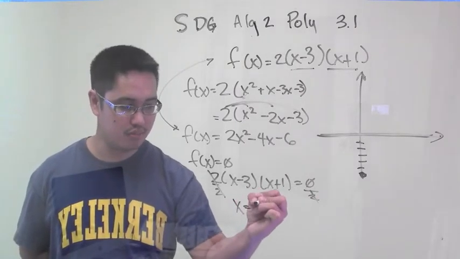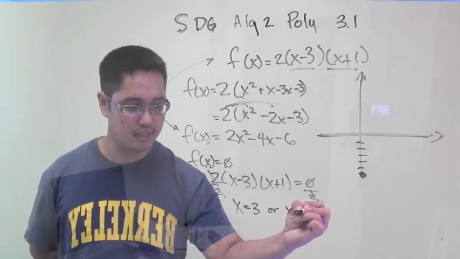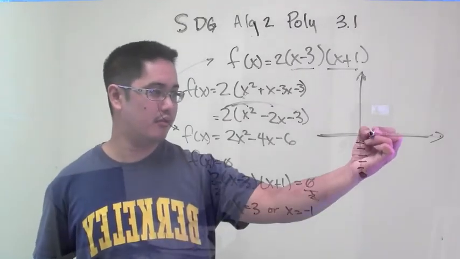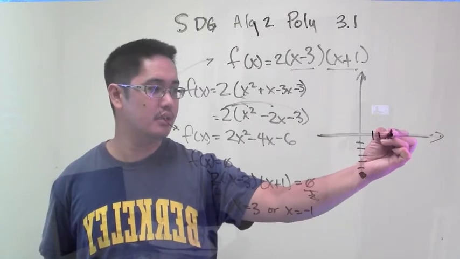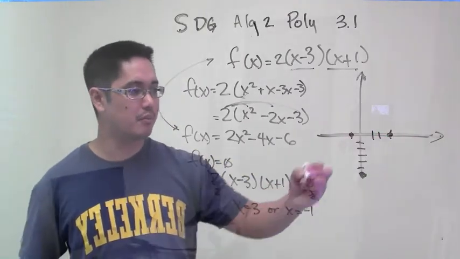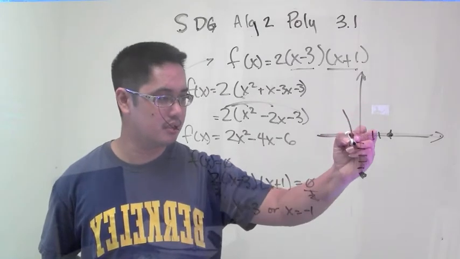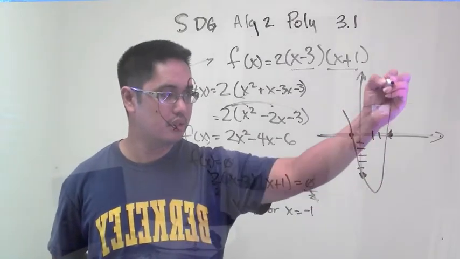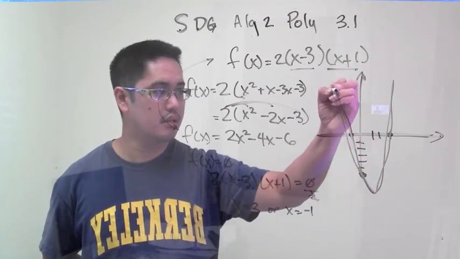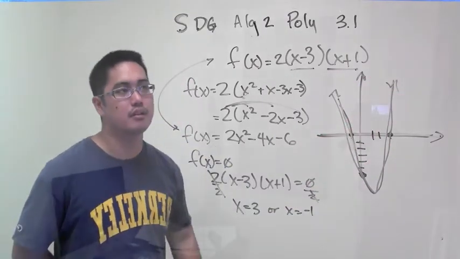Either x is equal to 3 or x is equal to negative 1. So I'll have 1, 2, 3, or negative 1 back here, which kind of tells me my parabola looks something like this. Sorry, got a little sloppy towards the end right there.